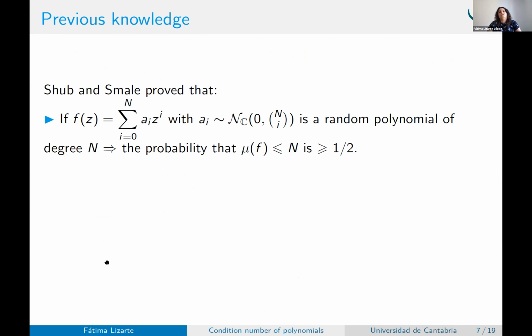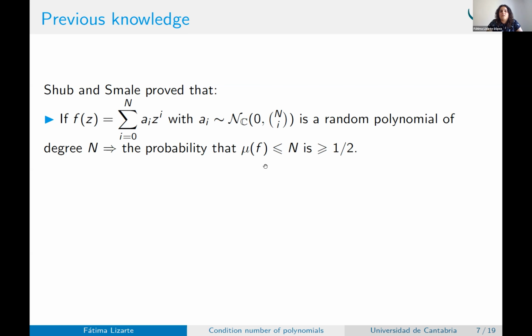Now, we are going to give the most important previous knowledge about this work. Shub and Smale proved that given a random polynomial of degree n, as the sum of monomials whose coefficients are obtained from the standard complex Gaussian distribution, then it has condition number at most n, with probability at least 1/2.